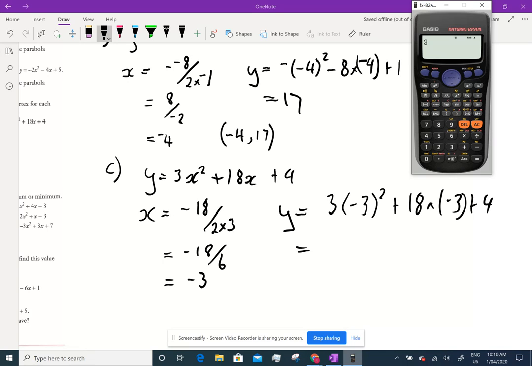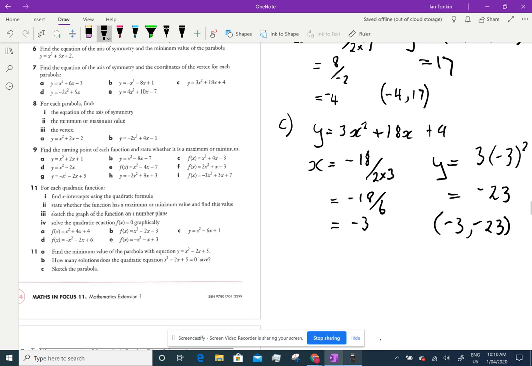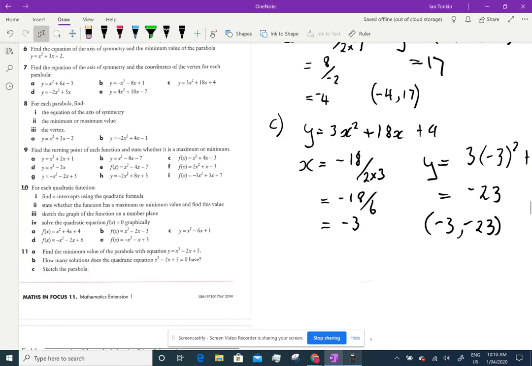So go 3 times my answer squared plus 18 times my answer plus 4, -23. And the vertex is -3, -23. Okay. So that's finding the vertex.